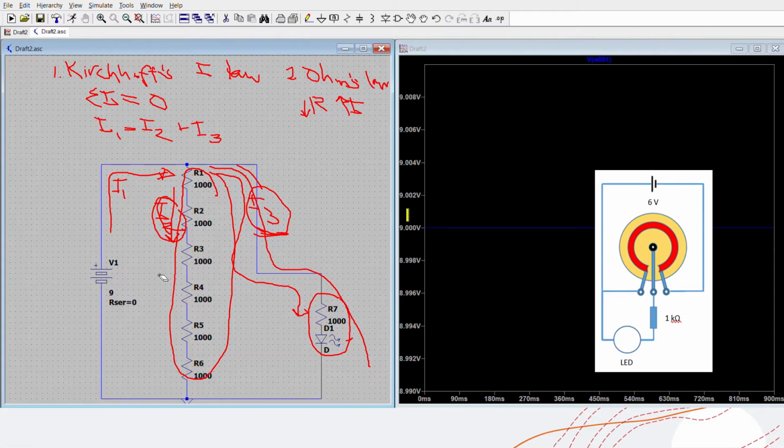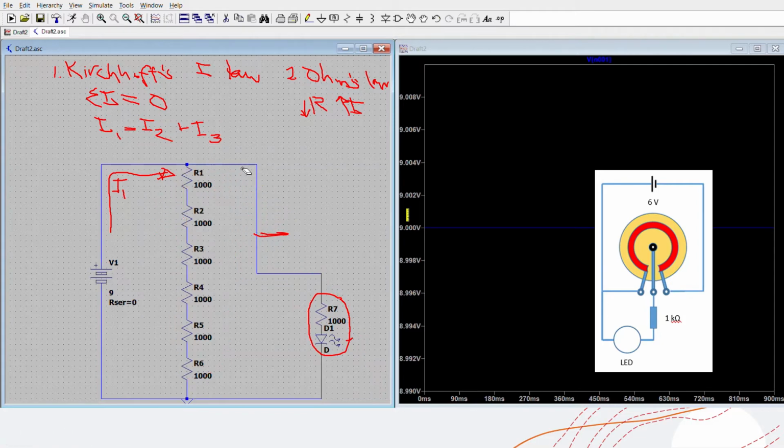Another way of looking at this, still using Ohm's law, these 2 points, terminal 1 and terminal 3, we have the highest resistance that we can have.